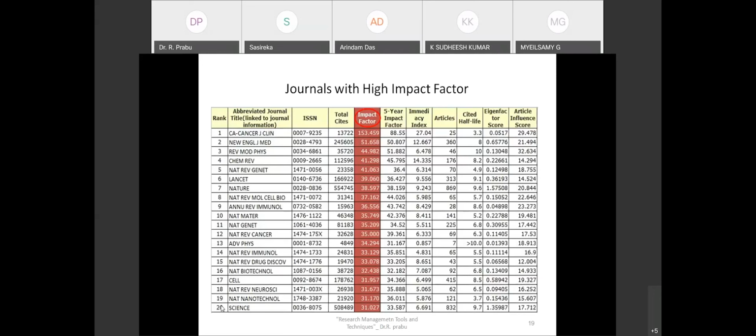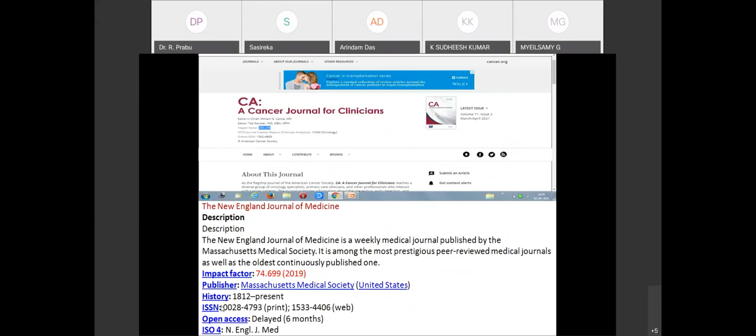Sometimes during an interview, definitely there will be a question asked by the interviewer and you should know. So these are the journals I looked up yesterday when I was working with it; I visited the particular website and got the impact factor. This is CA: A Cancer Journal for Clinicians. The present impact factor is 292.278.